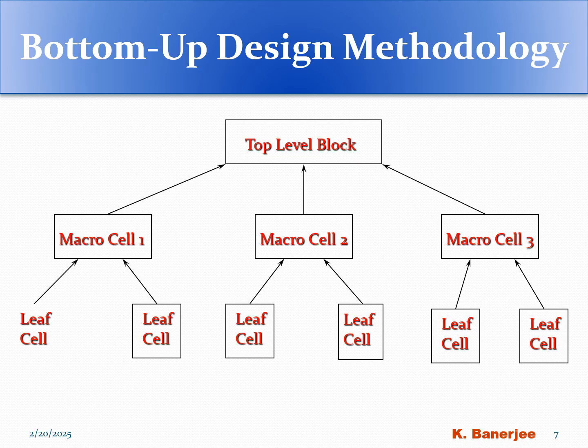Basically, the geometric layout domain follows this bottom up design methodology, where the transistors are grouped to form cells. These are macro cells, and cells are grouped to form the modules, that is the top level block.